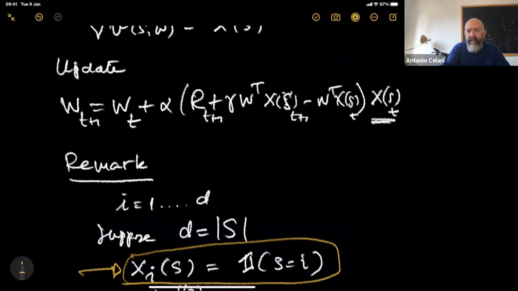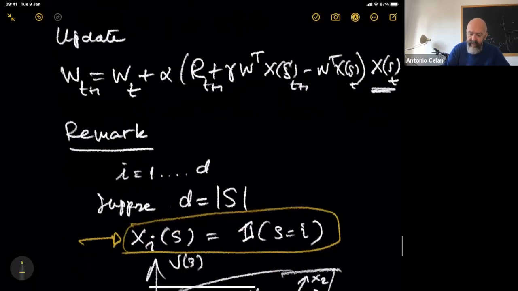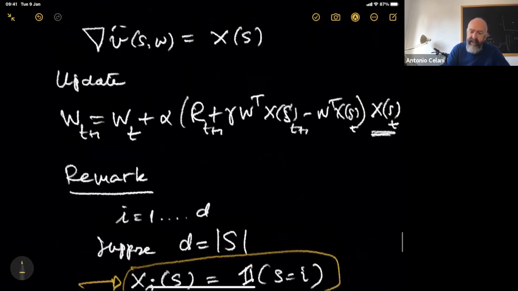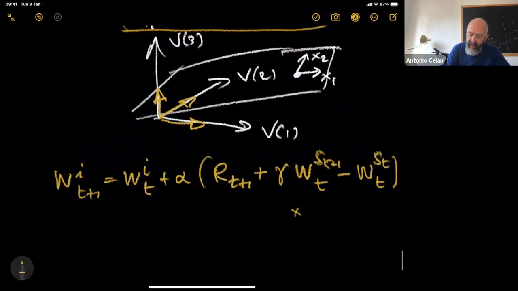I'm picking only the component of w which corresponds to the state S_{t+1}. So this is W component S_{t+1} at time t, minus W component S_t at t, times the feature x of S_t, but this is just 1 if i equals S_t.